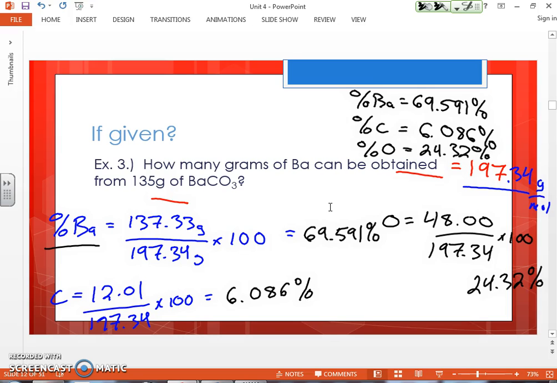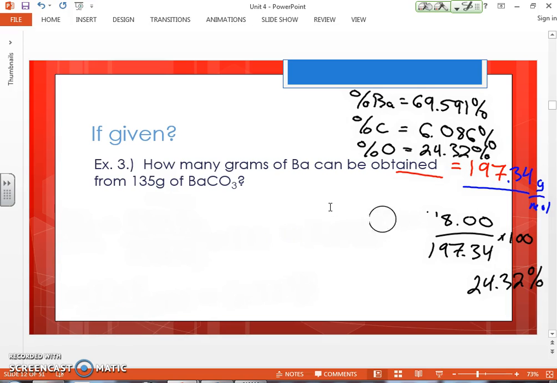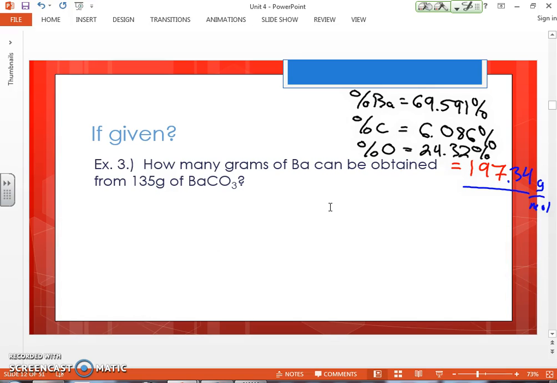The last one then: how many grams of barium can be obtained if I have this much barium carbonate? Well, this is an application of our last little work here. We know what the percent barium is in this compound. So I know that this compound is made of 69.591% barium.